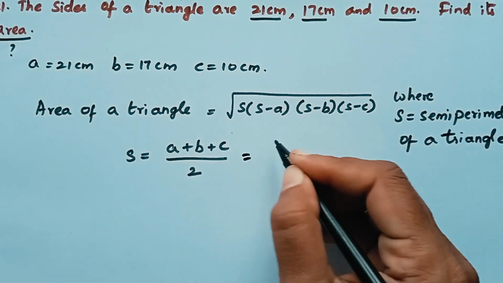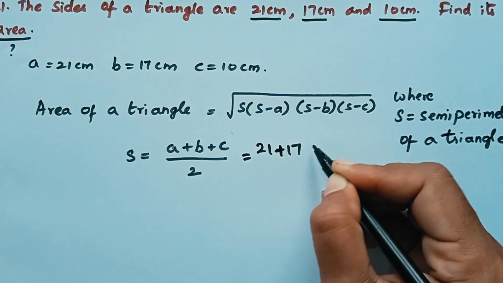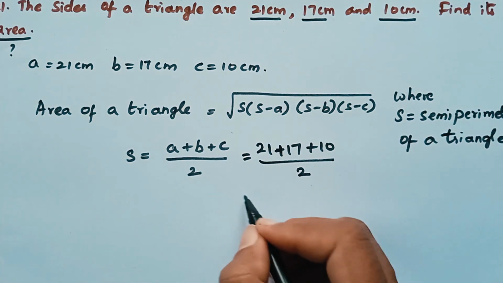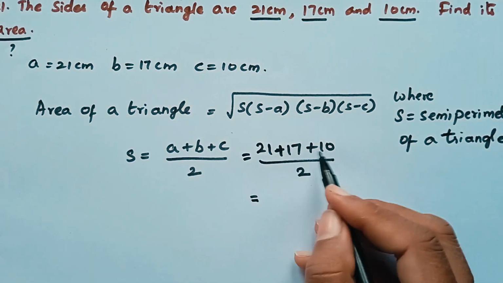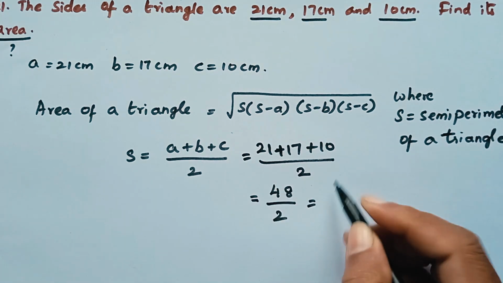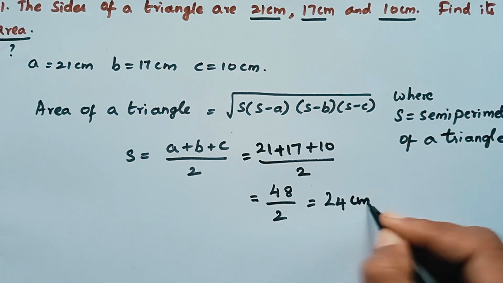Okay, first we'll find out S, that is the semi-perimeter. 21 plus 17 plus 10 divided by 2. When you add these three, we will get 48 divided by 2, which gives 24. So we found out S as 24 centimeter.